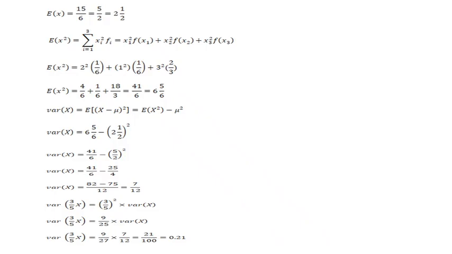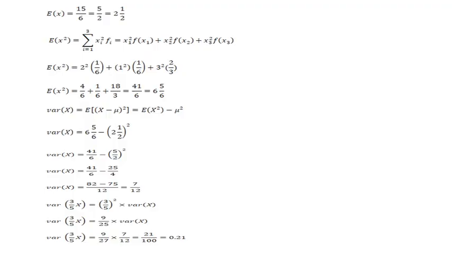So E of x squared is equal to 2 squared, that is our x1 squared, times f of x1, which is 1 over 6, plus x2 squared, our x2 is 1, squared, times the probability of x2, which is 1 over 6, plus x3 squared, which is 3 squared, times f of x3, the probability of x3, which is 2 over 3.